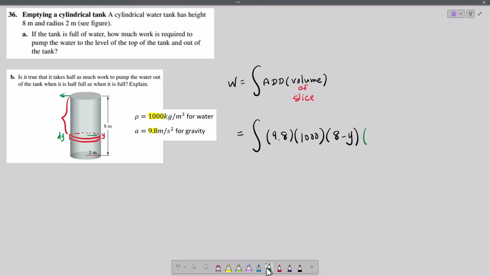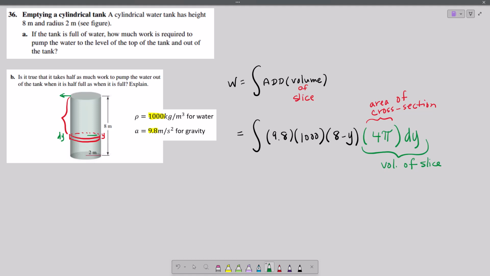That's the area of the cross section, and then we multiply it by dy. All the stuff in green is the volume of the slice. So the dy is part of the volume. The dy adds the thickness. It creates 3 dimensions from the 2-dimensional cross section.